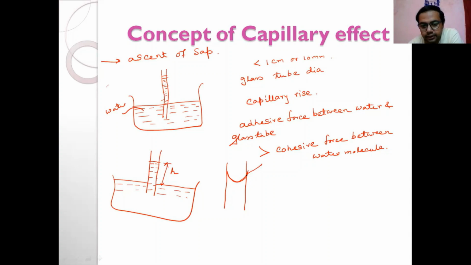And the surface tension will be acting in this direction. The angle between the surface and the glass is known as the contact angle. This theta is the contact angle.